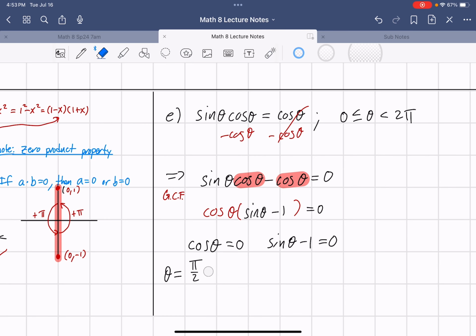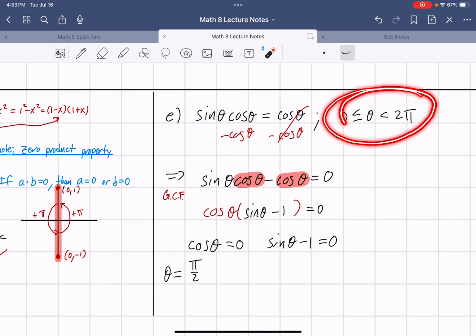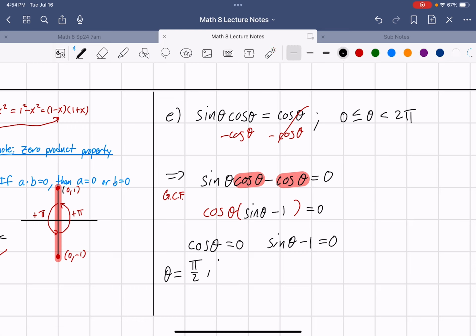Sometimes you just start acting like a robot. I only want the solutions between 0 and 2 pi. So it happens at pi over 2 and at 3 pi over 2 because these solutions are unique. The pi k was helping generalize how to get every one of these solutions. But I only want the solutions within one full rotation, and these are those solutions.